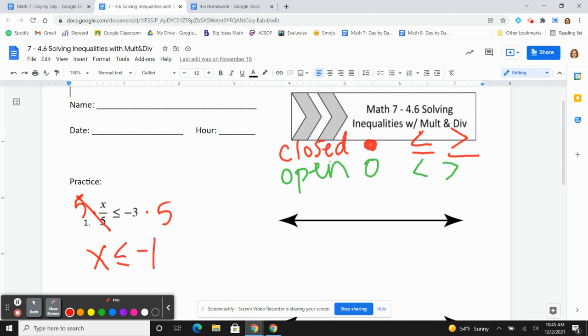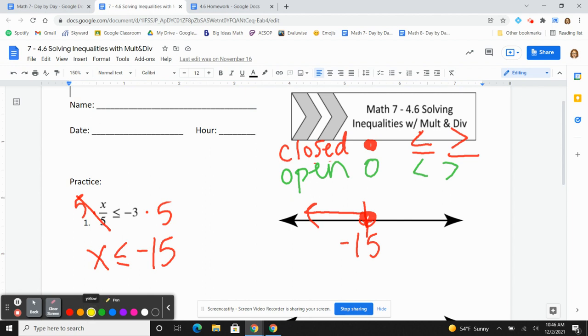Good, -15. Negative times a positive stays negative. Okay, so now when we graph this one, draw your line. -15 is going on the bottom. Closed circle or open circle? Closed. And then which way is my line going? To the left or to the right? To the left, correct.